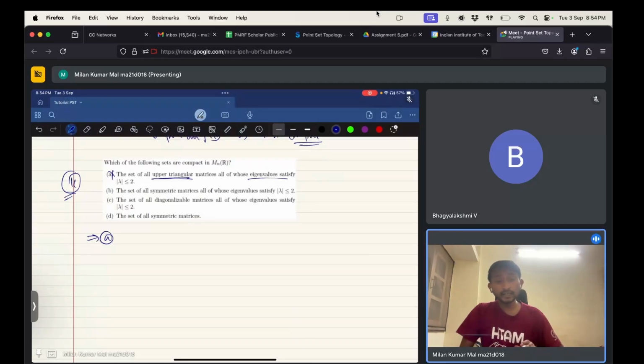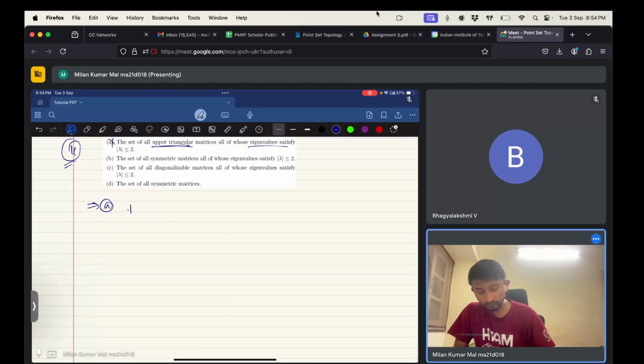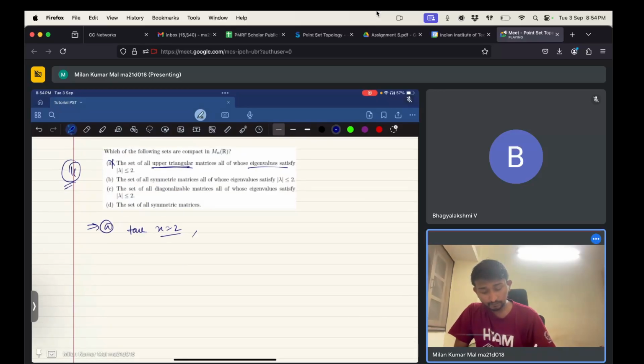Take n equal to 2 here, and A equal to a11, a12, 0, a22, such that a11 and a22 should lie in the closed interval minus 2 to 2.